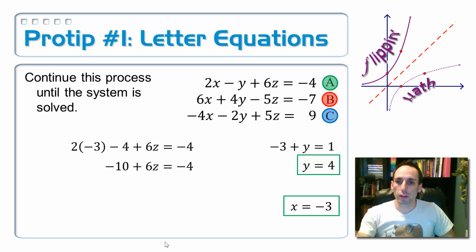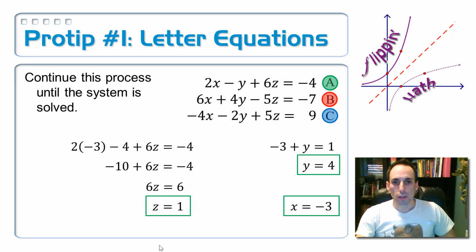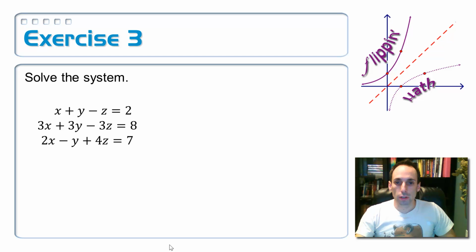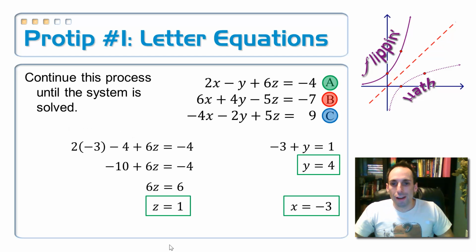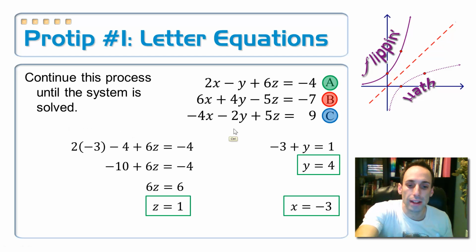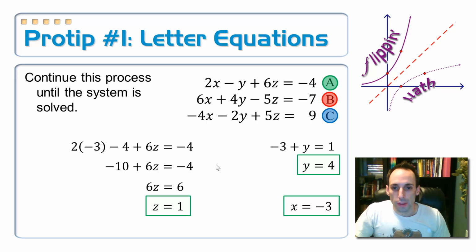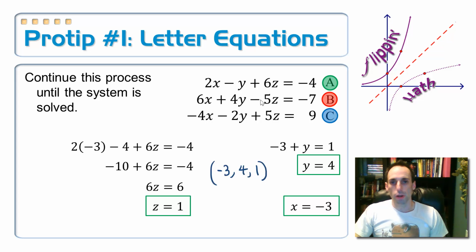Simplifying, I get negative 10, add that 10 over, you get 6. So z has to be 1. Our final answer should be written as an ordered triple: the x coordinate is negative 3, the y coordinate is 4, and the z coordinate is 1.